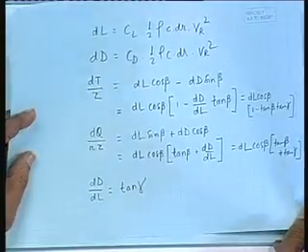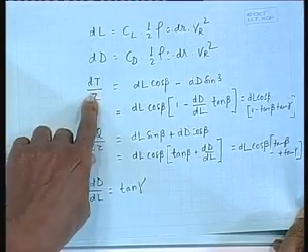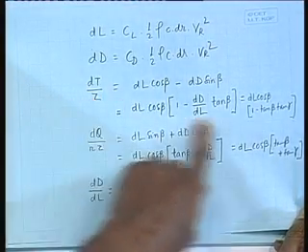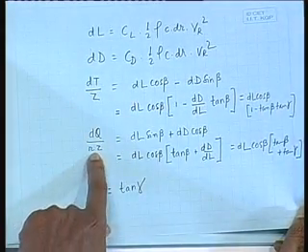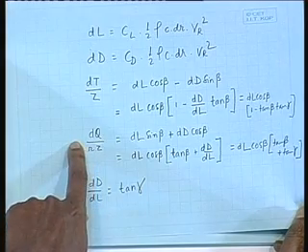So, if I now calculate the total thrust and torque, I will multiply this with z, I will get my total elemental thrust of all the blades, and this by Rz to get the total torque, right.